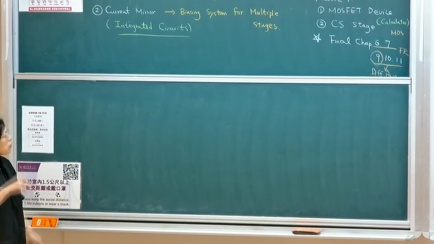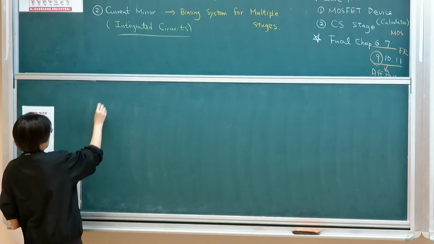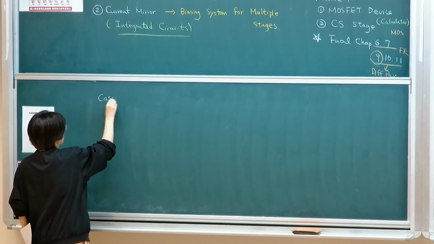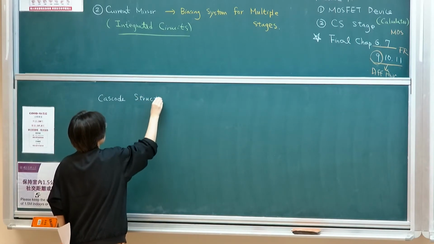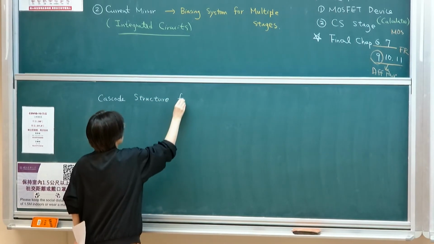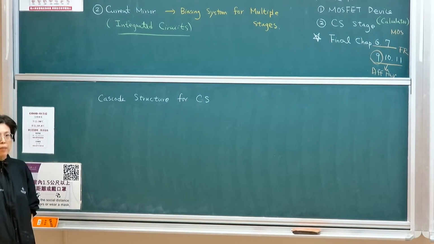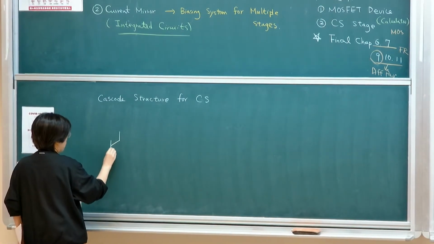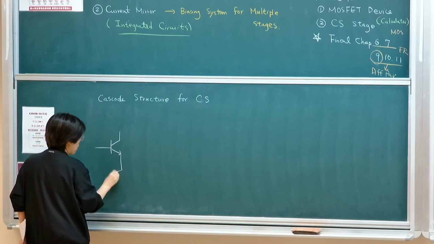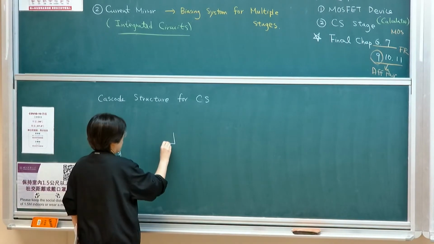Okay, so let's review a little bit on what we have already discussed on using a cascode structure as a current source. For realizing a current source, I believe I used an example last time as a sourcing current source. You can also do the same thing for a sinking current source. I'm just going to do both MOSFET.